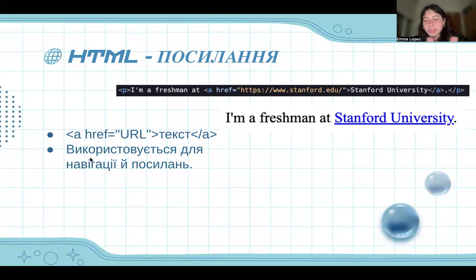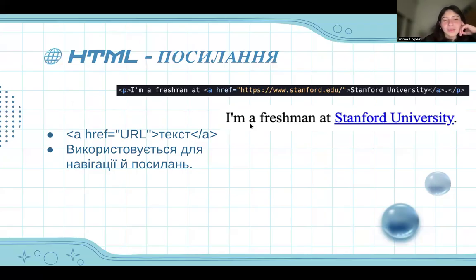Href is equal to the link or the URL of whatever website you're providing it. And then after that, you can close that opening tag, and then you can add text inside of it. That will be the text for our link.